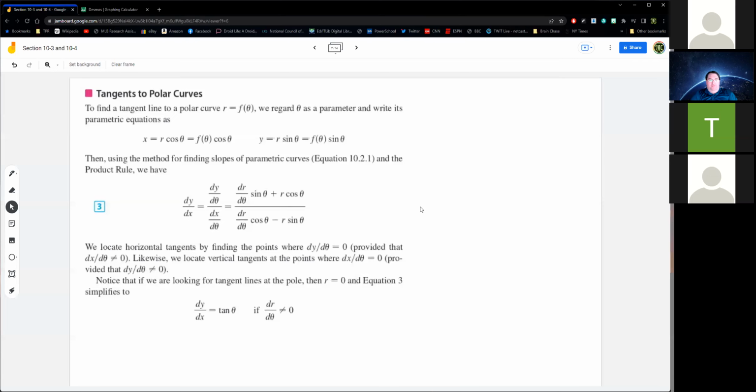So the first thing we're going to look for is tangents. Now, this is my formula for it. In essence, it's this right here. What you're going to do is it's the end part that you need. So really my dy/dx equals that.